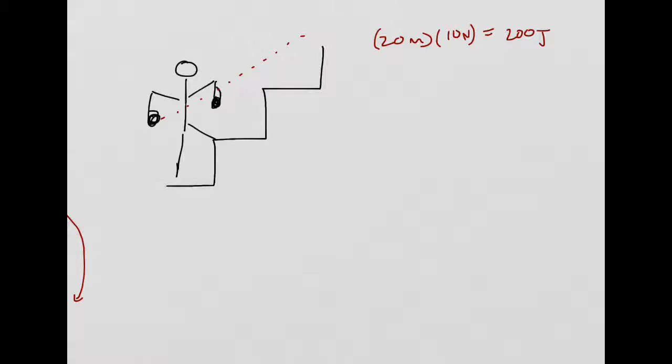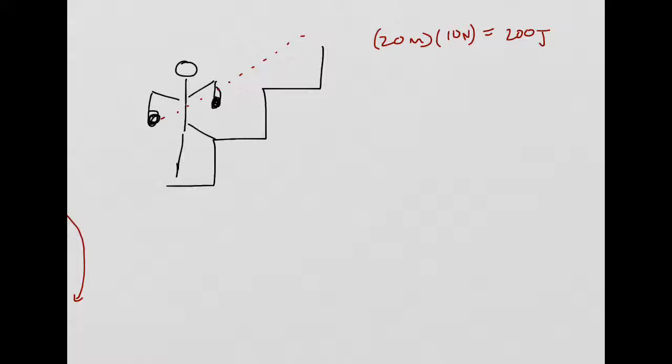And it wouldn't matter how fast this person went up the stairway. They could run up the stairway, they could slowly over minutes carry the groceries up the stairway, and they would still only do 200 joules of work in total.